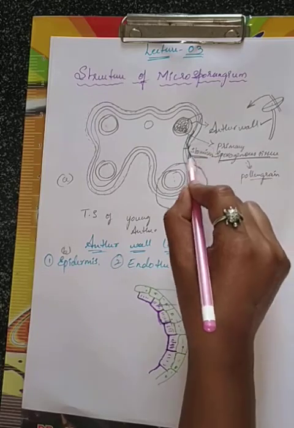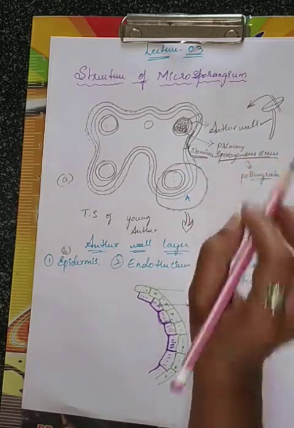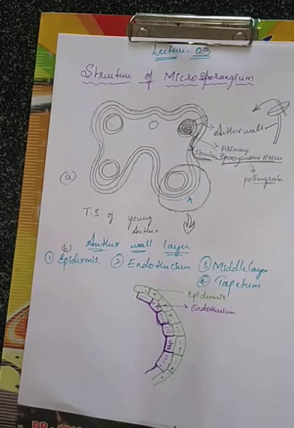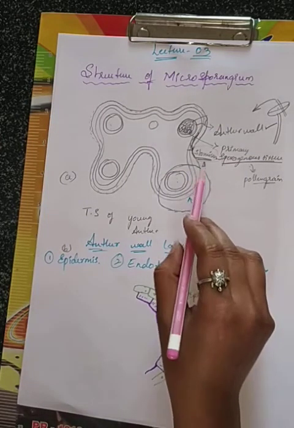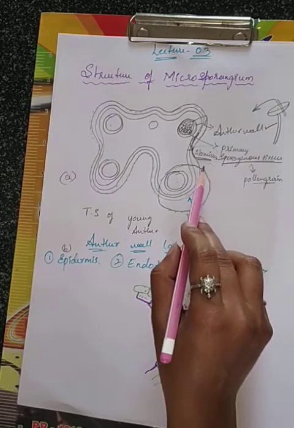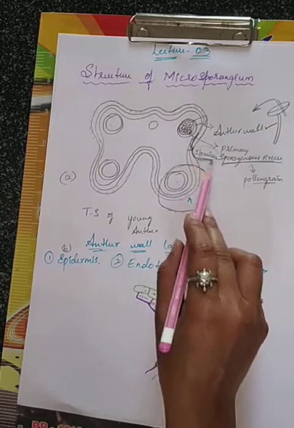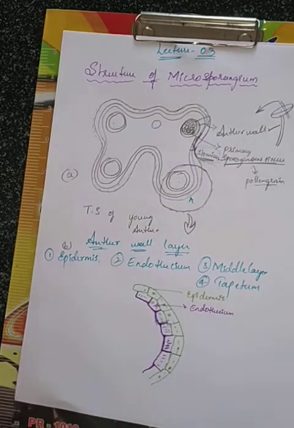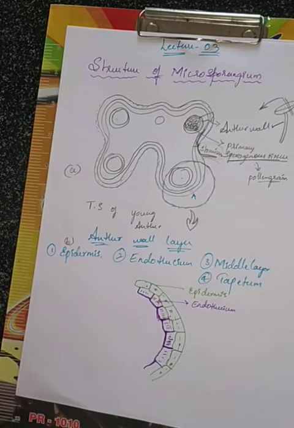This question was asked once in MCQ. Where the endothecium layer, that is the callose bands, are very thin, in the stomium. These bands will be very thin there. Why are they thin there?